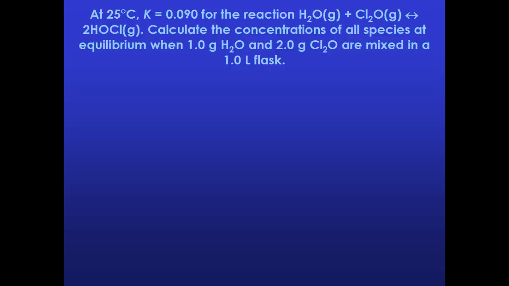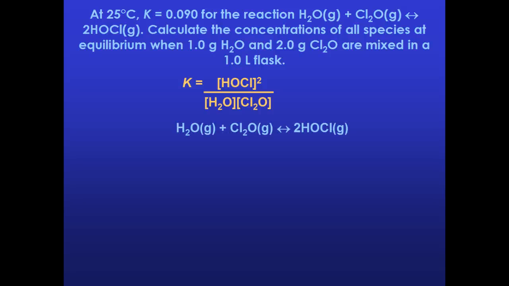We have a balanced equation, so we can go ahead and write our equilibrium expression, products over reactants. Once we have converted those grams into moles and divided them by 1 liter, we get that we have 0.055 molar of the H2O and 0.023 molar of the Cl₂O.